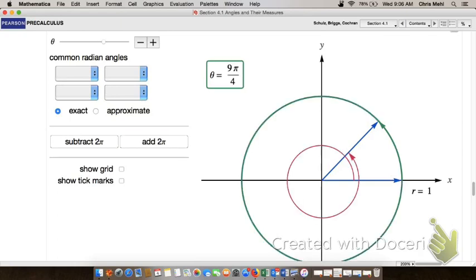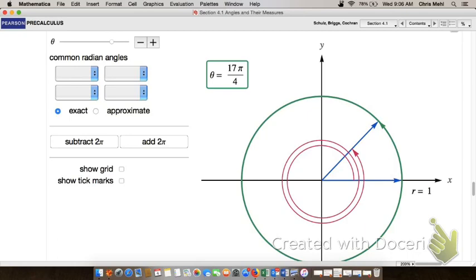That'll give me the angle 9 pi over 4. I could do the same thing again to obtain another coterminal angle. I could take 9 pi over 4 and add 2 pi again, and now I've started with my angle pi over 4 and rotated from that angle 2 times. I've made 2 complete rotations.